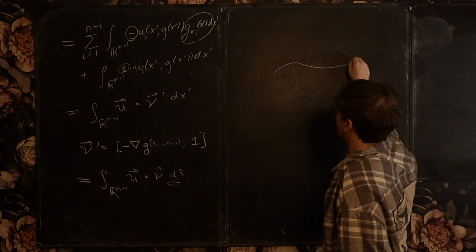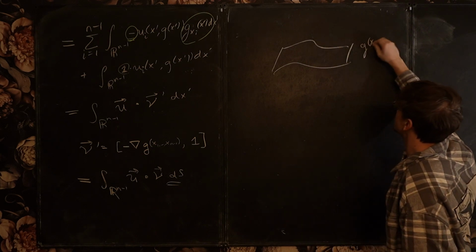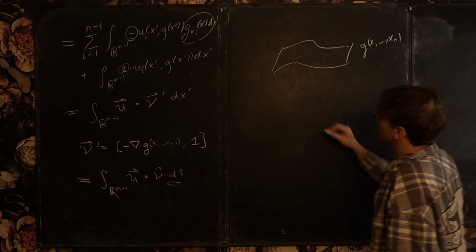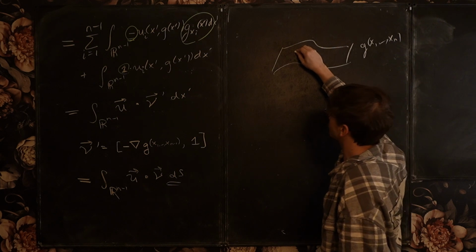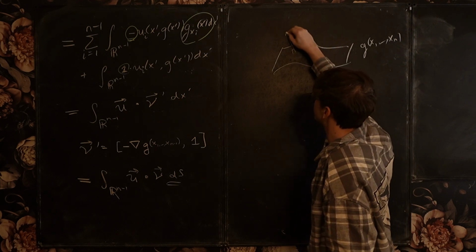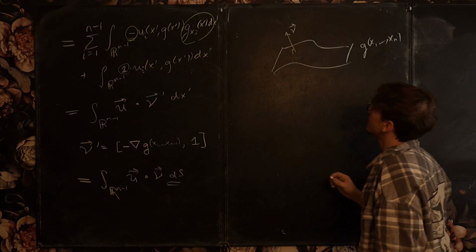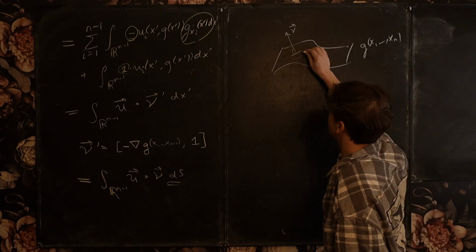So if I view my graph of g, let's say, so this is g of x1 through xn, we need to understand, first of all, what is the outer normal to the surface? So what is the outer normal, v? And then we also need to understand what is the surface area element.